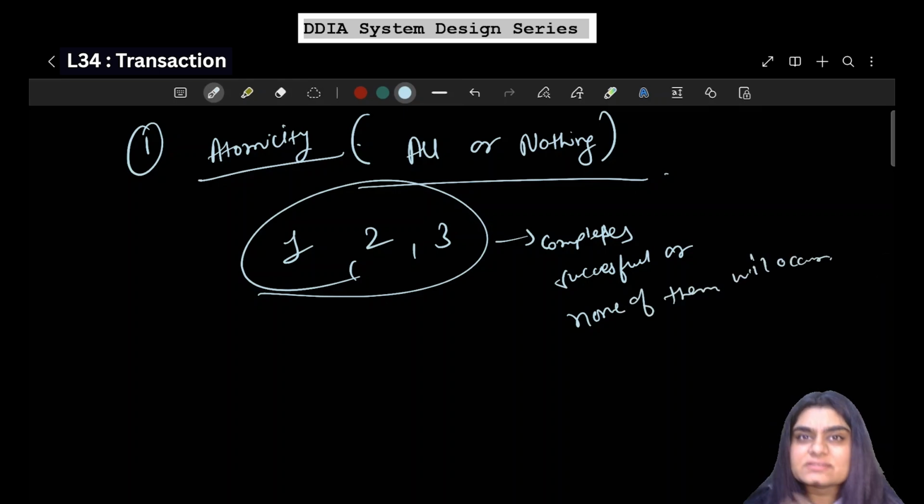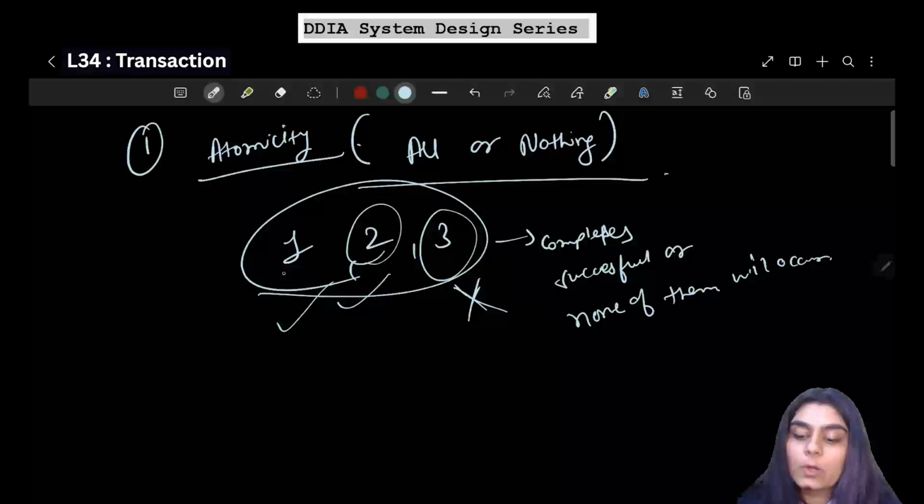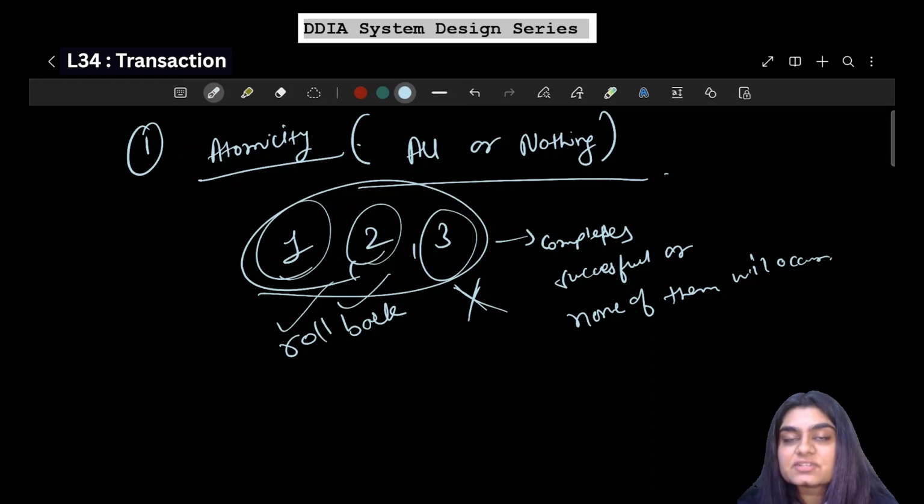In other words, the transaction never ends up partially done. If any part of the transaction fails, for example, operations 1 and 2 are successfully done, but operation number 3 fails, all the other changes, here operation 2 and operation 1, will be undone, or rolled back, ensuring the database returns to its pre-transaction state.